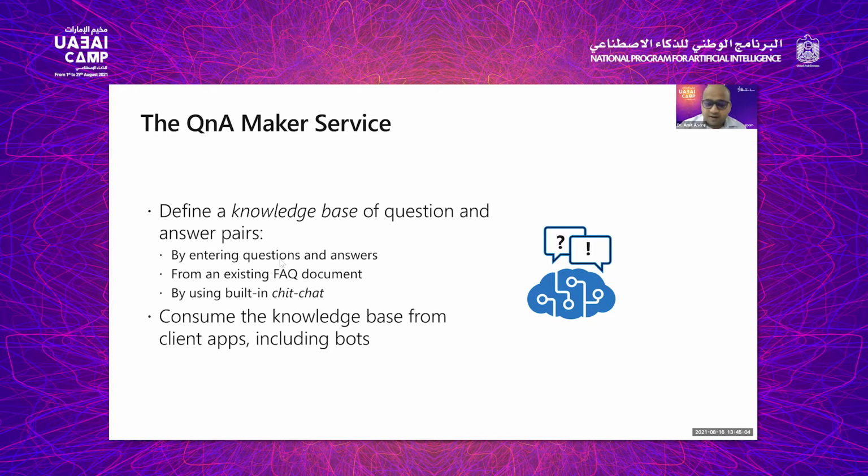So while we talk about Q&A Maker, which is a cognitive service which enables you to create and publish a knowledge base with built-in natural language processing capabilities. The first challenge is creating a knowledge base of question and answer pairs.